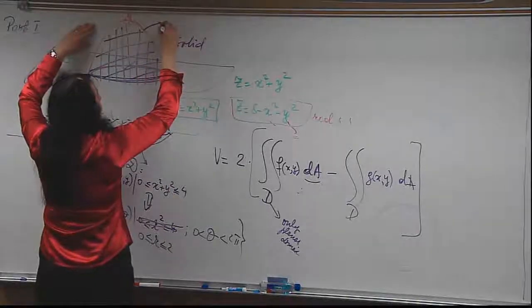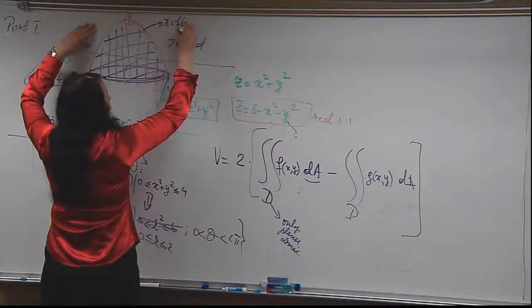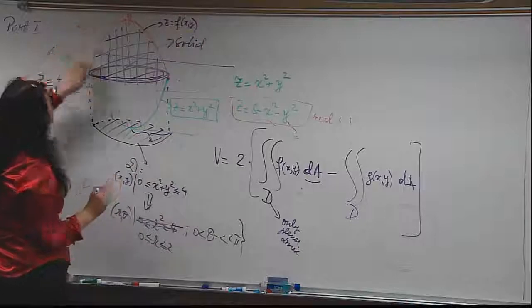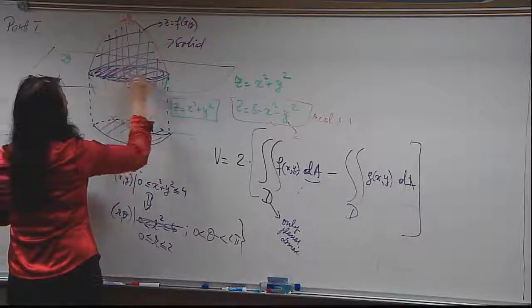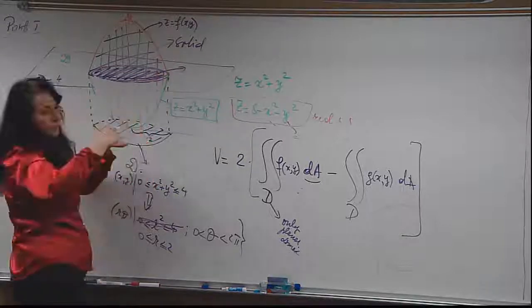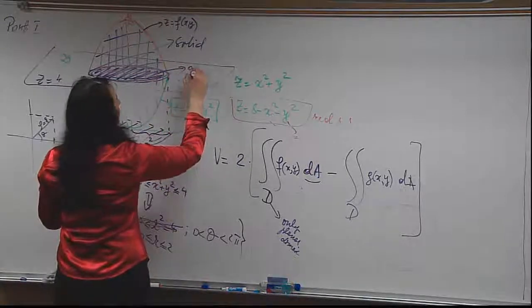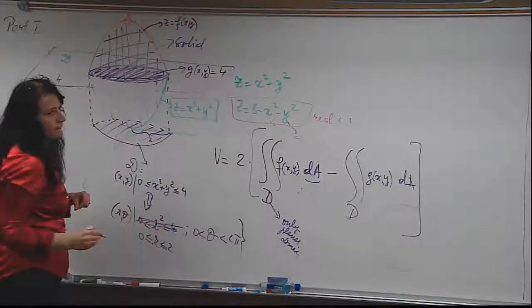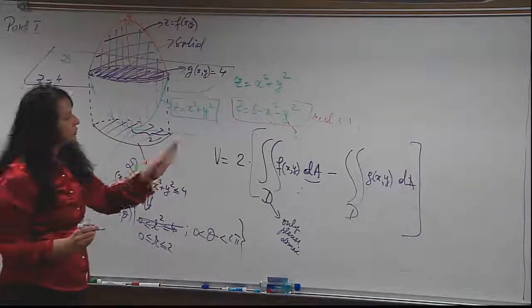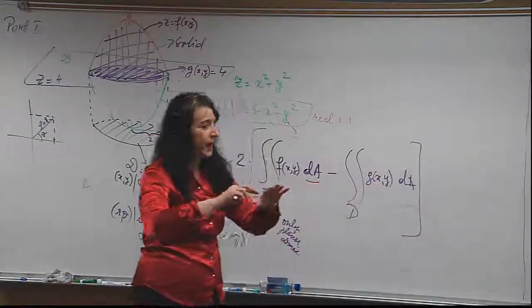The function that's on top is z equals f of xy. And the function that's on the bottom for this egg is just this flat altitude g of xy equals 4.